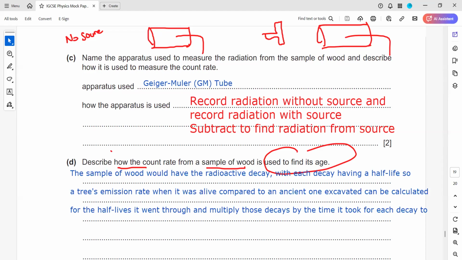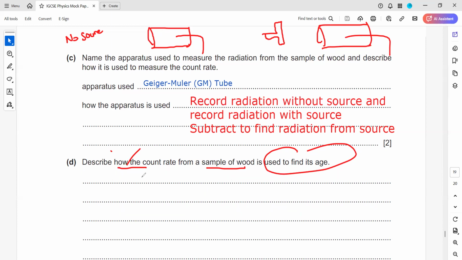What you can do is record the radiation from the piece of the wood, and record the radiation from a fresh sample, and compare the radiations between them.